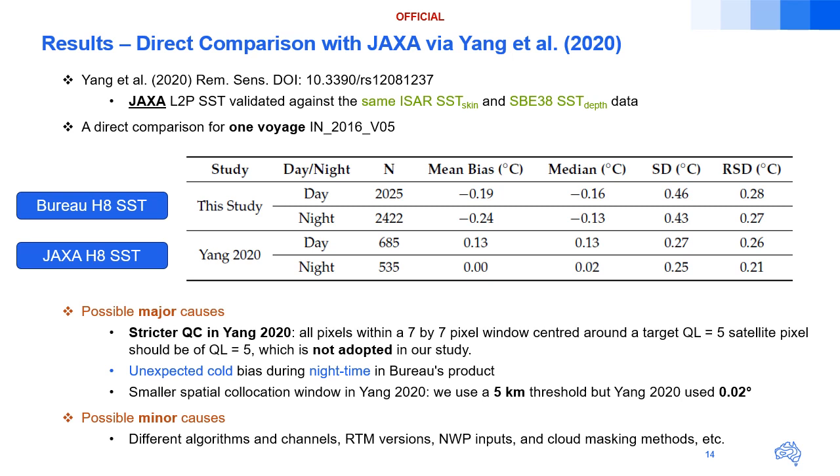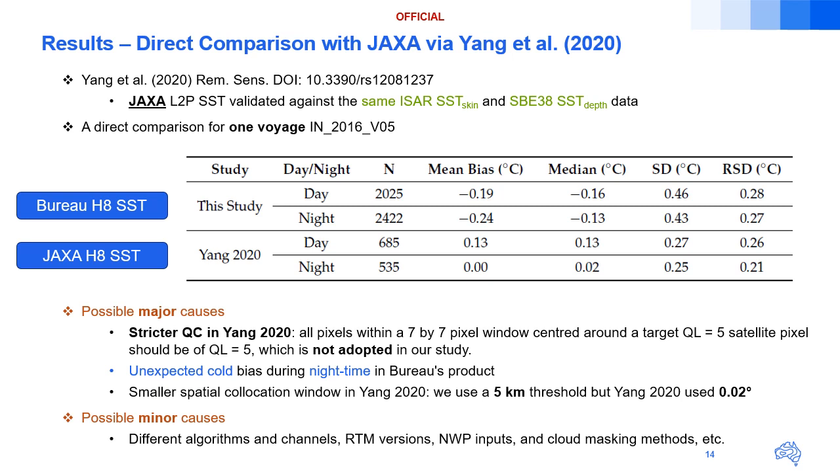And we have thought about it, and we think a few reasons might be responsible for the statistical inconsistency here. For example, in Yang 2020, they adopted a much stricter quality control, which is not employed in our study.